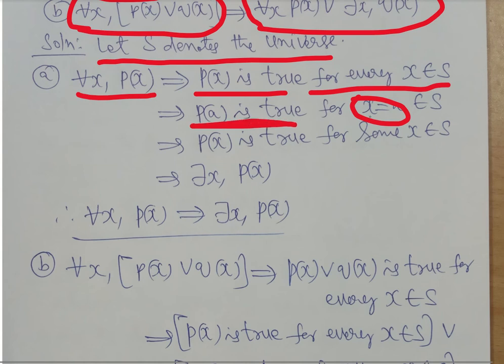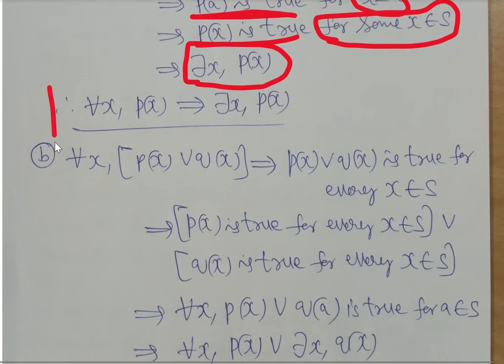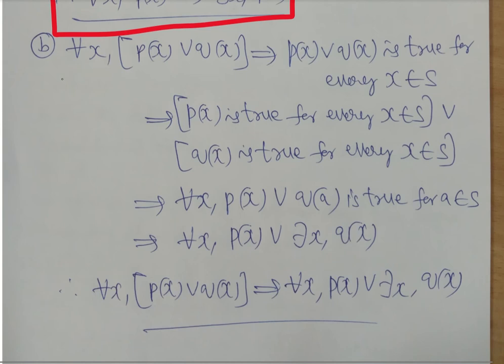When P of A is true for some A belonging to S, I can say P of x is true for some x. If it is true for all of S, then I can say it is also true for some x. When it is true for some x, I can represent it mathematically as there exists x, P of x. That's what we have proved now: for all x, P of x implies there exists x, P of x. It's common sense, which is shown here mathematically. Similarly, the next one is the same as the above.